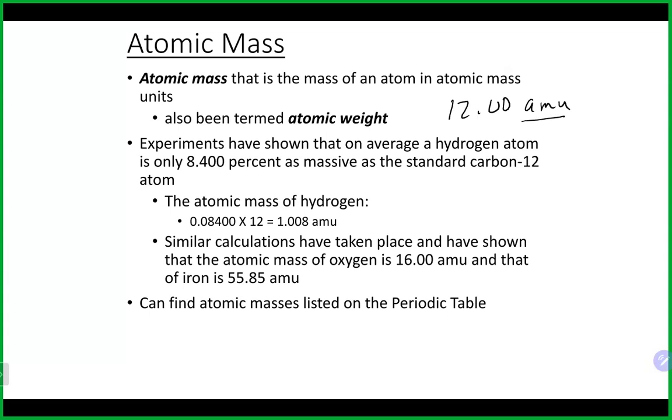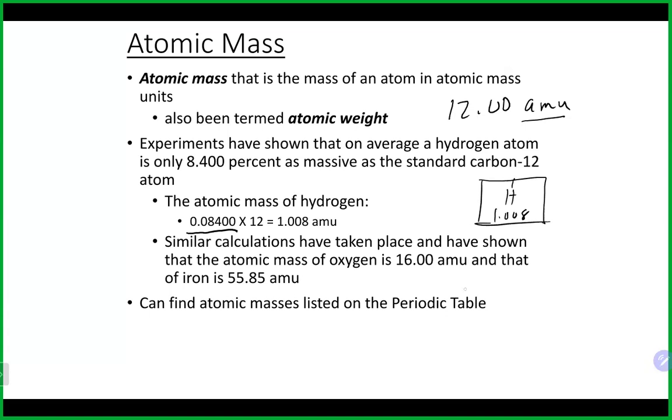What they found, for example, is the hydrogen atom is only about 8.4% as big as the carbon-12 isotope. So let's do a simple calculation of 0.084, which is 8.4% converted into a decimal, times 12. And you get something like 1.008, which is the number you see on the bottom of the periodic table for hydrogen. Simple calculations have been done for everybody on there.